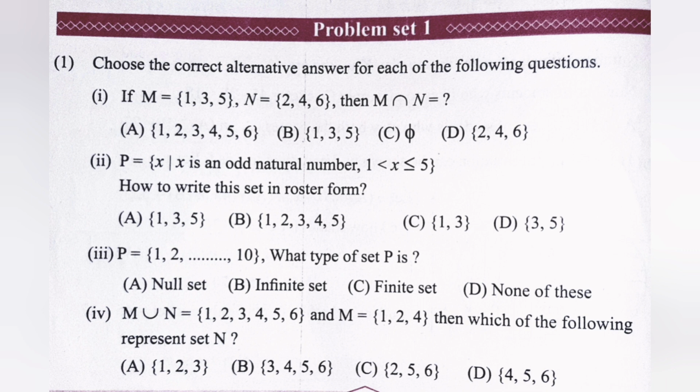Infinite set means uncountable elements, but here we can count the elements. And finite set means finite and countable elements. Here the elements are 1, 2, 3, 4 up to 10. Each and every element we can write, it is known to us, it is countable. That's why the answer is finite set, option C.